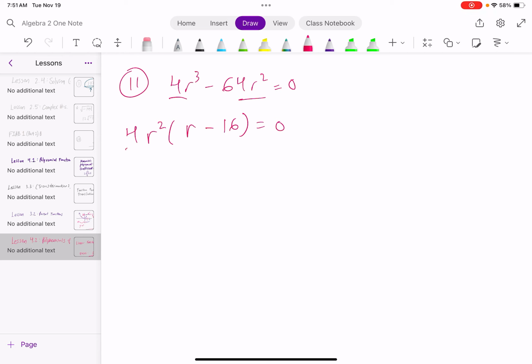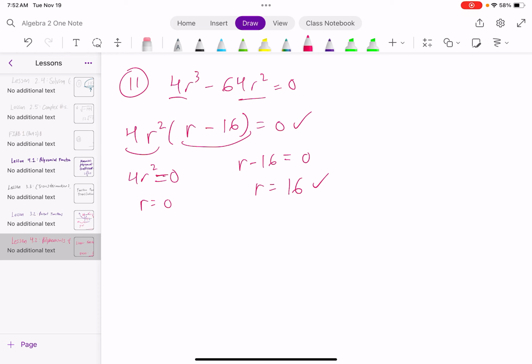Again, if this was 0, that would be great, because then that would check out. 0 times anything, 0. And we have r is 0. Then if this was 0, it'd be great. 0 and 16. Which is not right.